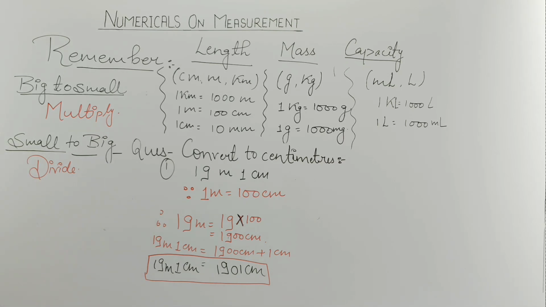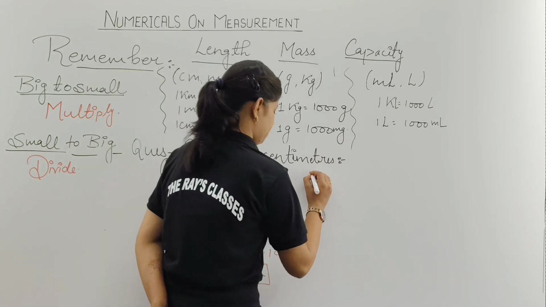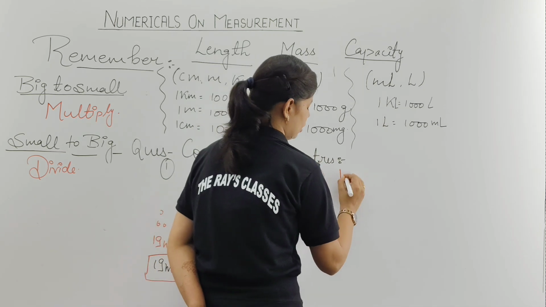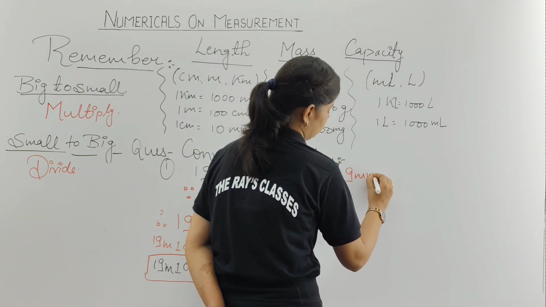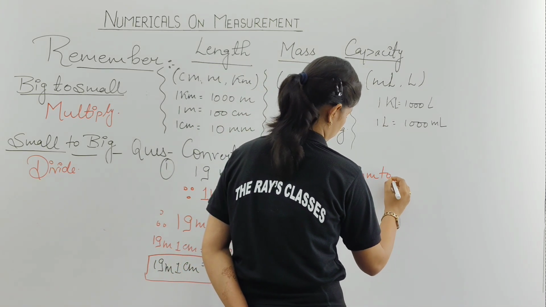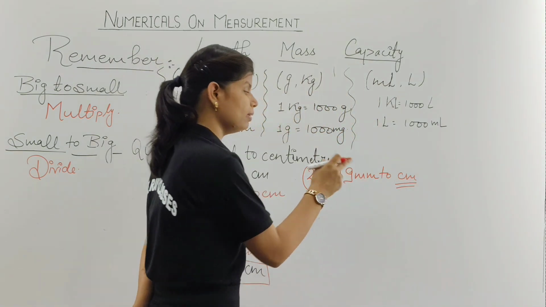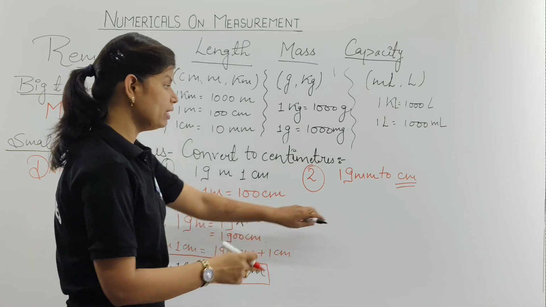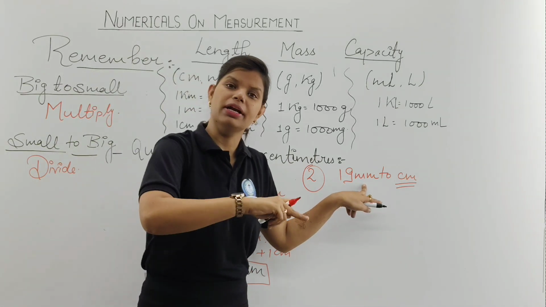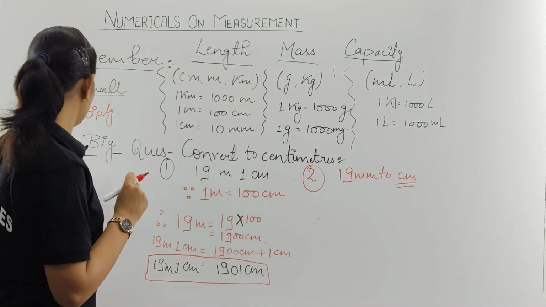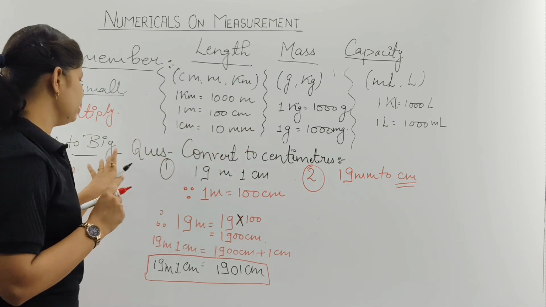Now, the next one I will give you in the same format. Let's see how many of you answer. Second question: convert 19 millimeter to centimeter. Millimeter is your smaller unit, whereas centimeter is your bigger unit.